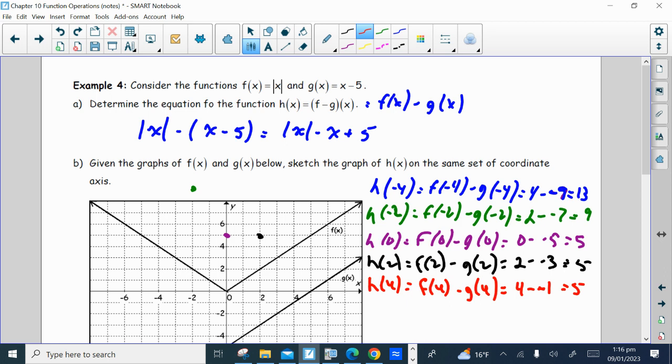So that is the point 4, comma 5 as well. Let's do one more. Let's find h at 6. That'll be f at 6, take away g at 6. F at 6 is 6, and g would be 6 minus 5, which is 1. And again, we get the same value.